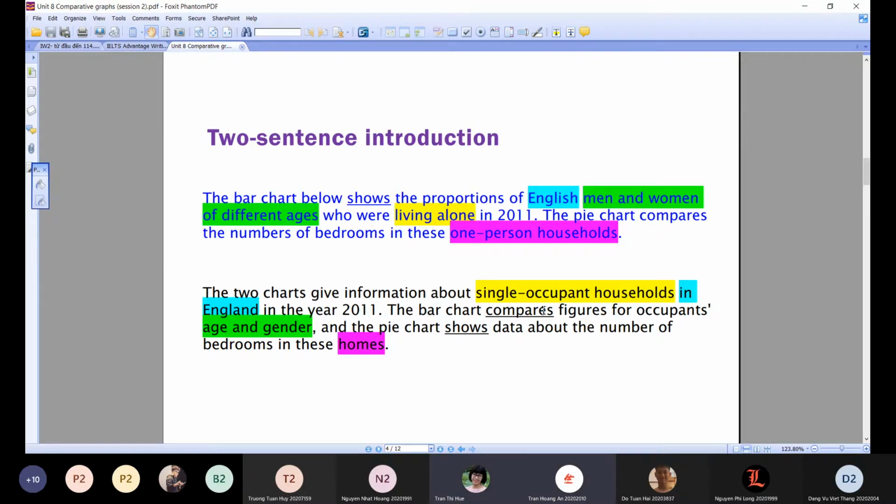So the sentences in green are from the essay topic, the essay question. And the sentences in black are the 2-sentence introduction.